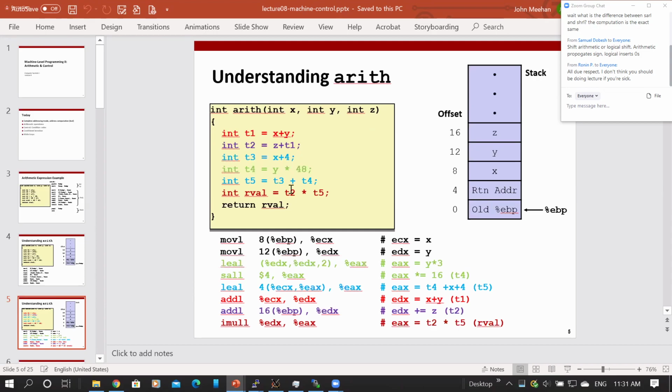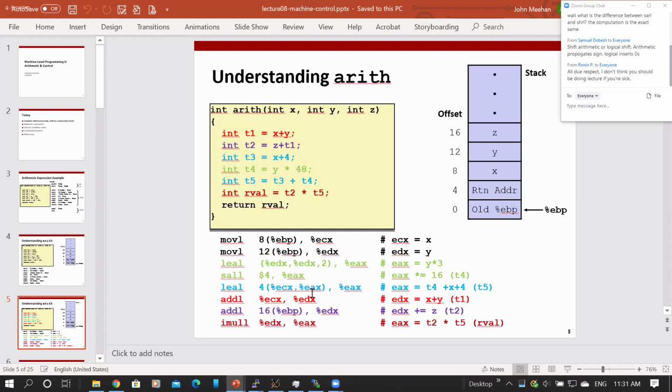So the next thing it does is it's going to do both these two statements in one fell swoop. We want to take X, add 4 to it, and then take that T3 temp and add that to the Y times 48 thing. Well, the Y times 48 is sitting in the EAX register.